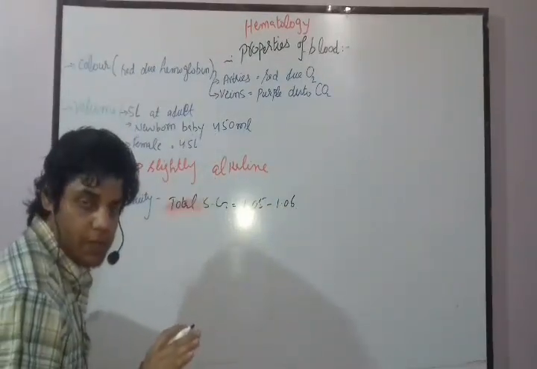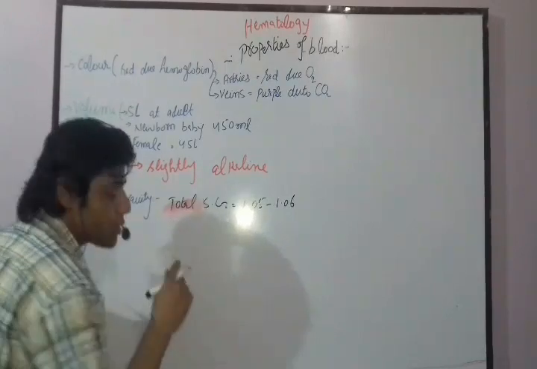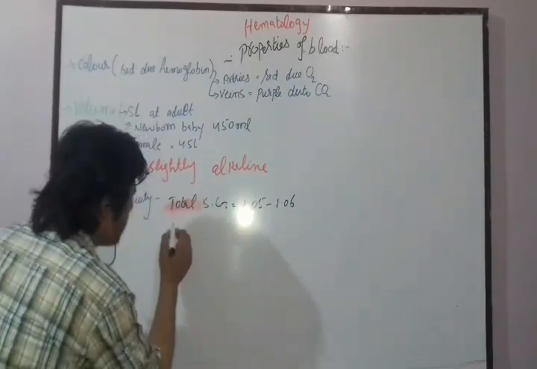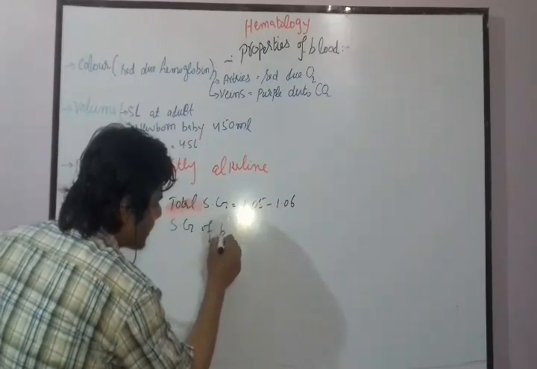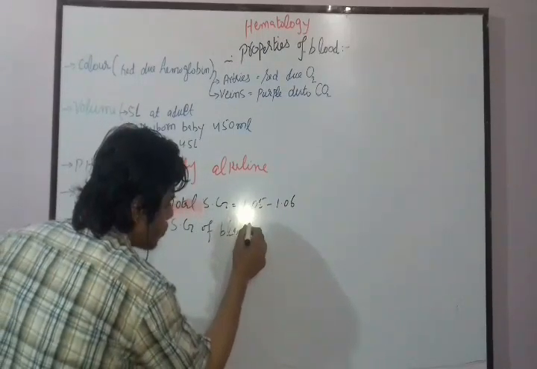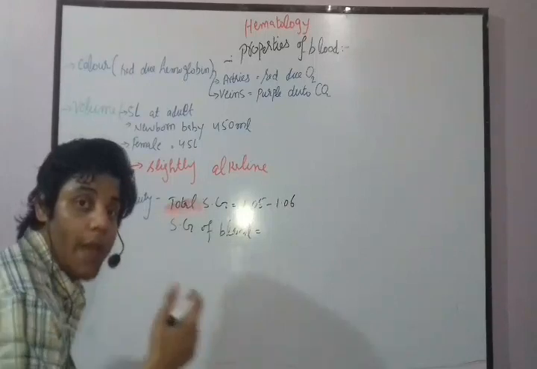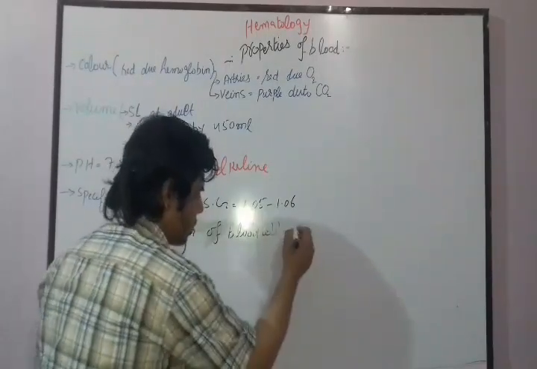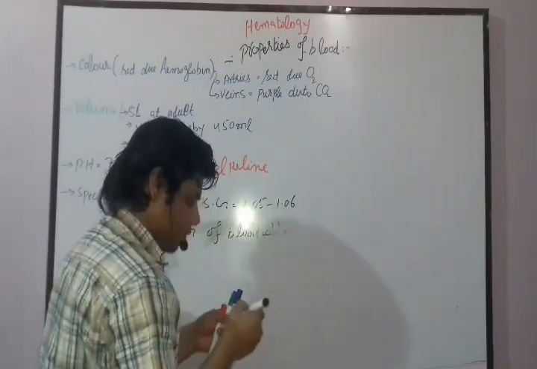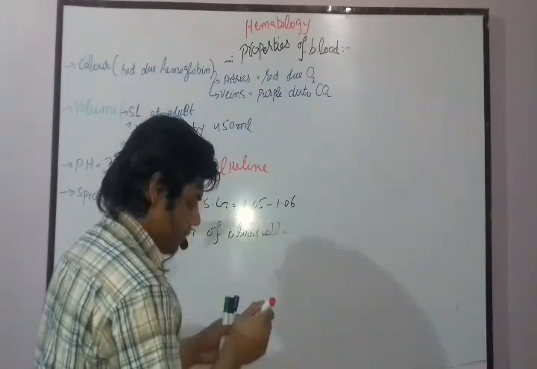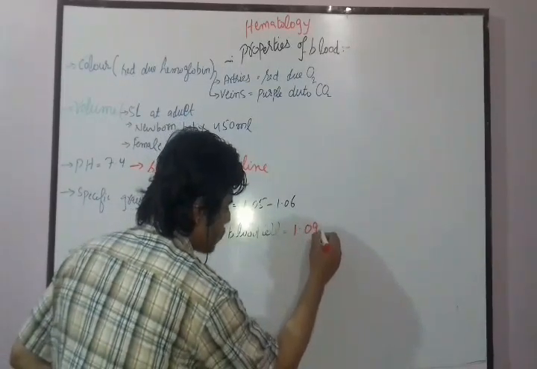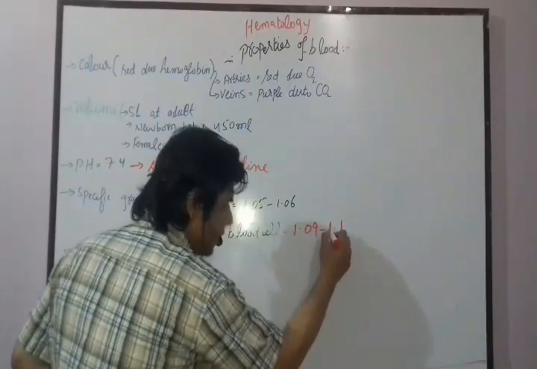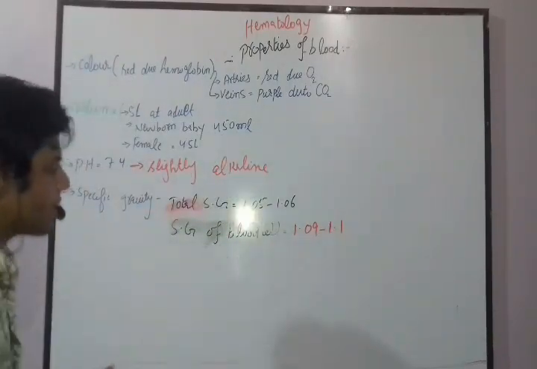But the specific gravity of the blood cells varies. It is 1.09 to 1.1. This is the specific gravity of the blood cells.